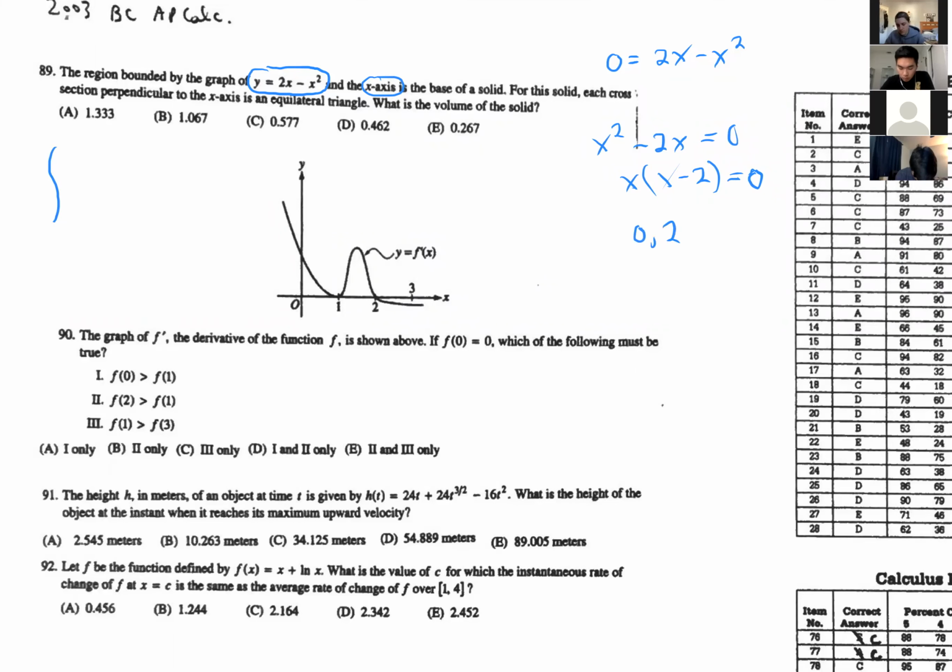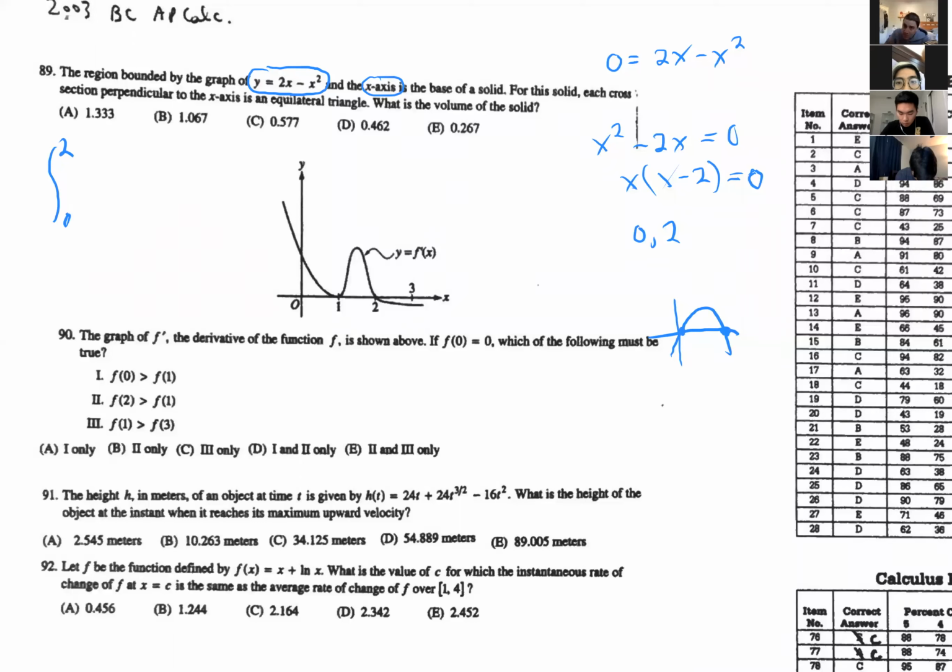So I don't know what the graph looks like, but what is it? It's a quadratic, so it'll look something like this. It'll go through 0 and through 2. So I'm going to integrate from 0 to 2. And I have cross sections perpendicular to the x-axis that are equilateral triangles.